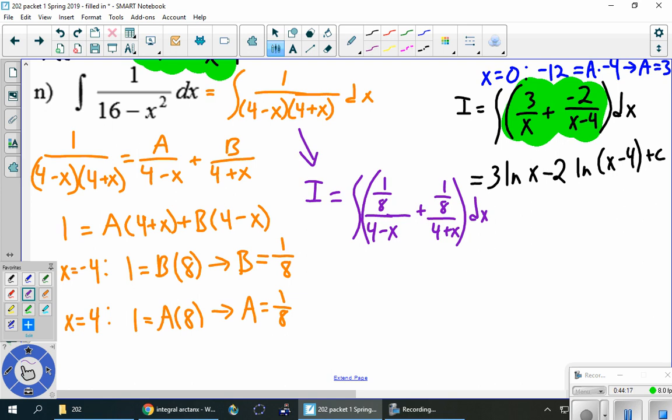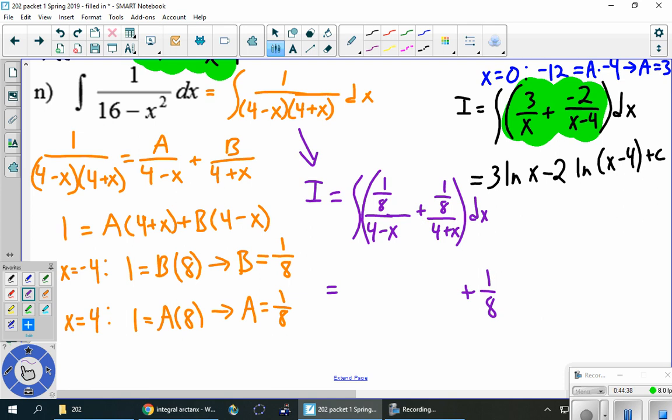Okay, I see two separate integrals separated by that plus sign. I'm actually going to do the second integral first. It's easier. So the second integral, it's the integral of 1/8 over 4 plus x. That 1/8 is a constant multiplier for the second integral. I'll pull it outside.